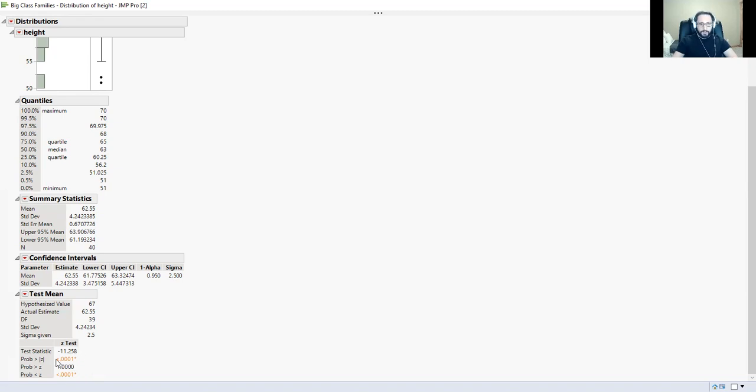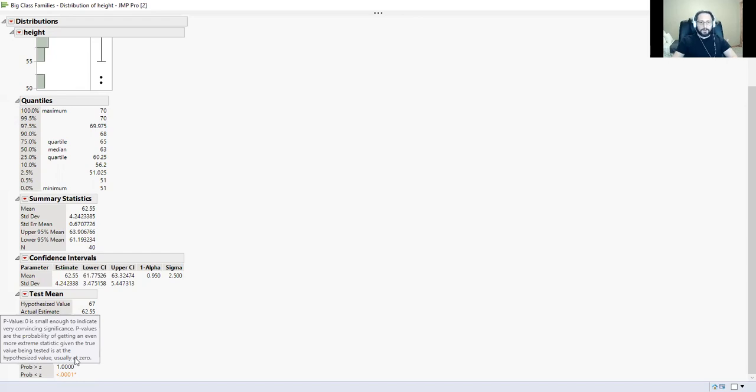So notice, highlighted as the results of the p-value here are a couple of very low p-values, less than 0.0001. 0 is small enough to indicate very convincing significance.